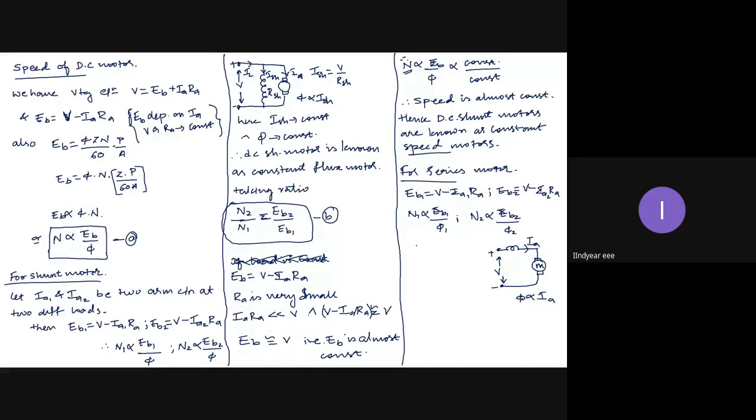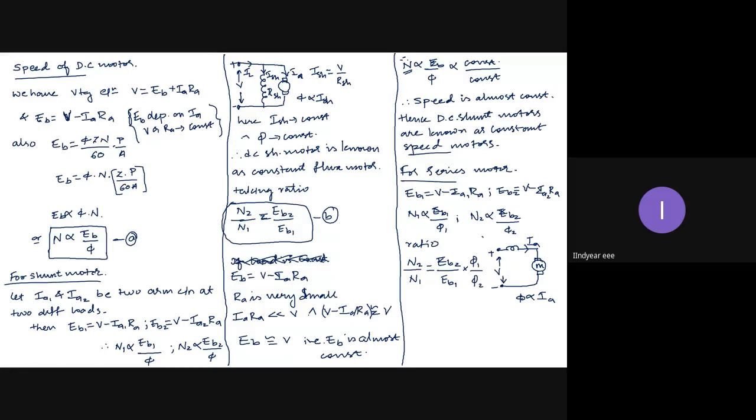So therefore I can take the ratio N2 by N1 is equal to EB2 by EB1 into phi 1 by phi 2.